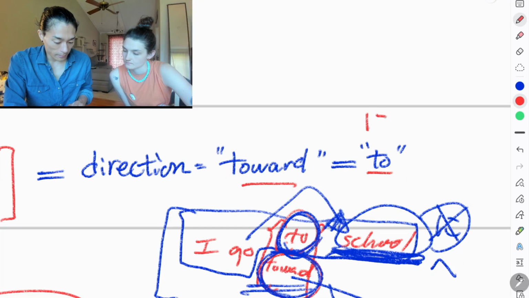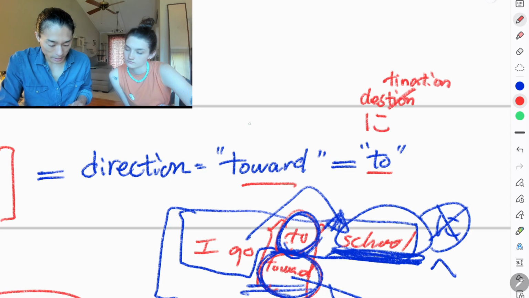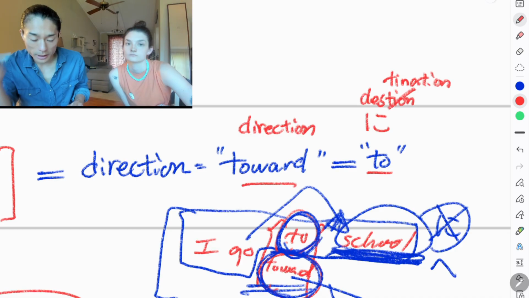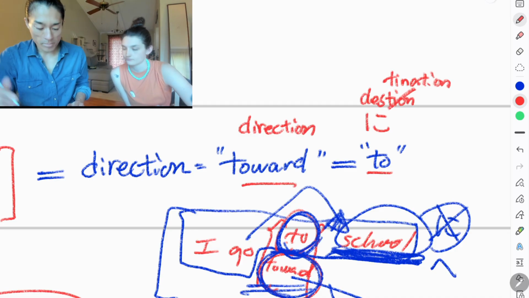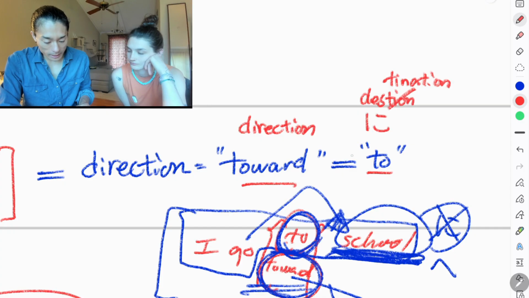Which comes back to the first thing that you pointed out. When you heard the word toward, you said like to. Yes, this one is ni, destination, right? I go to school. Destination. But toward is just direction. It's not specified if you're reaching the place or not. Right? So it's not exactly the same.